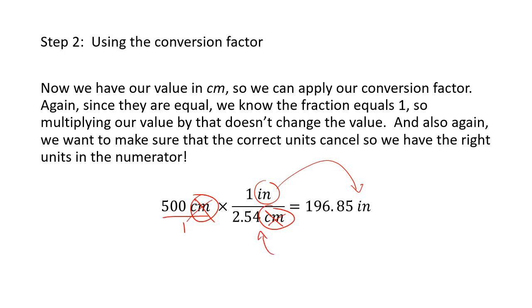These two things are equivalent, so I've got a factor of 1 here. I'm multiplying by 1 because 1 inch and 2.54 centimeters are equal, so that creates a factor of 1. So now I'm going to divide 500 by 2.54, and I get 196.85 inches approximately. There's some rounding in there. So that's approximately our solution.